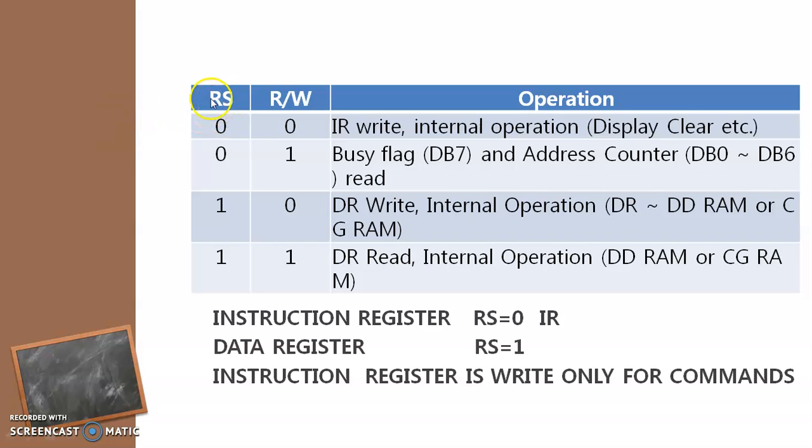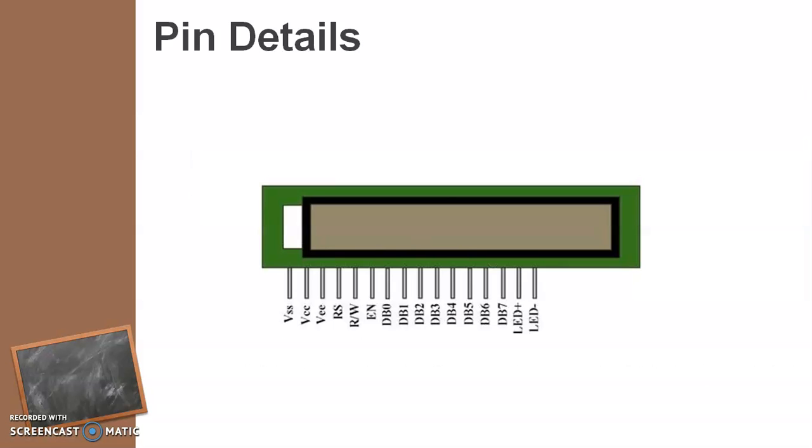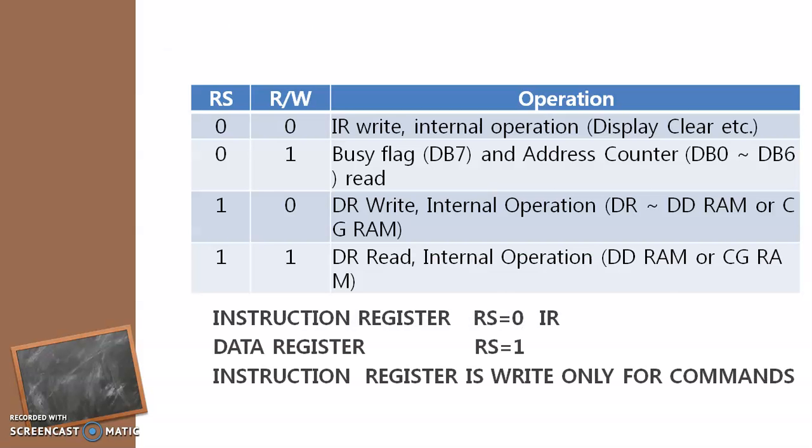Next we'll see the meaning of these control signals. Apart from the power supply and the data buses, you have only 3 signals: RS, R/W and EN. Only these 3 will be the control signals. RS is register select.